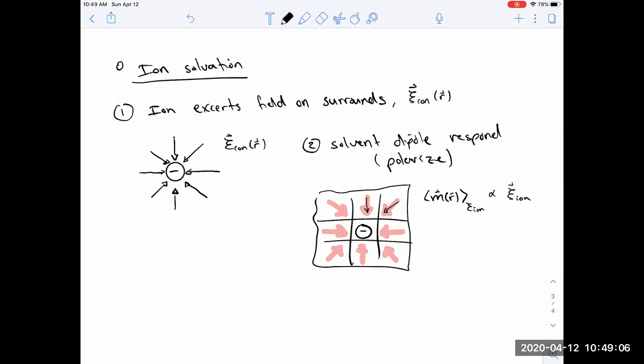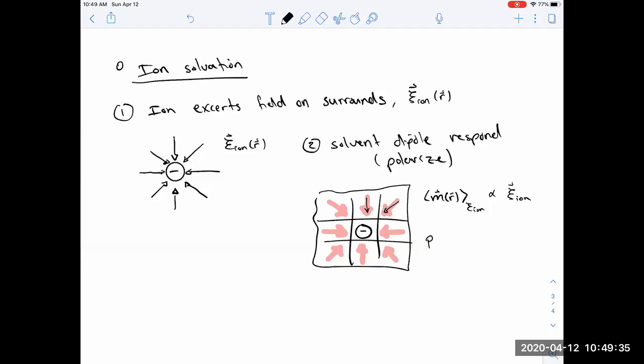So that means that by polarizing in response to this ion, I'm facing a competition between gaining a favorable energy due to aligning with the external field, but generating a field that my neighbors, the other dipoles in surrounding cells, aren't necessarily happy with. In fact, they would want to then turn around and align in the opposite direction.